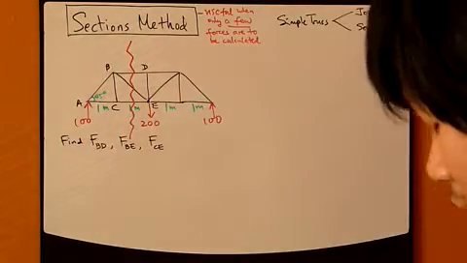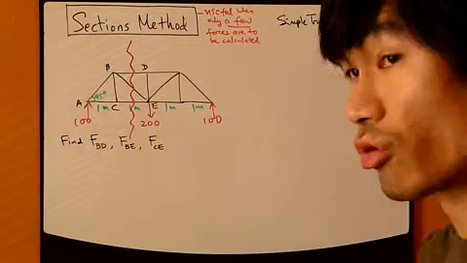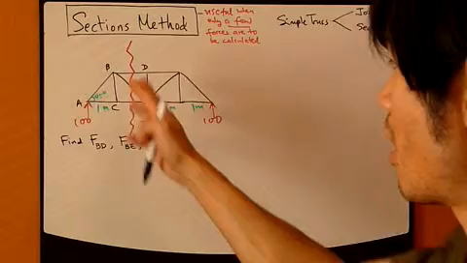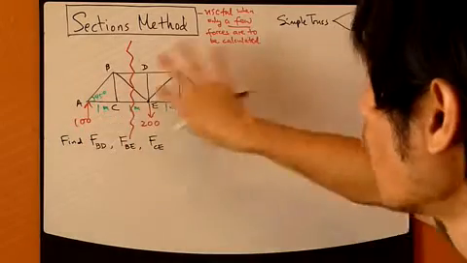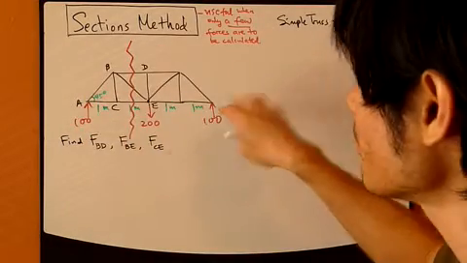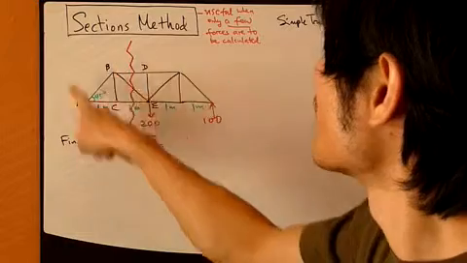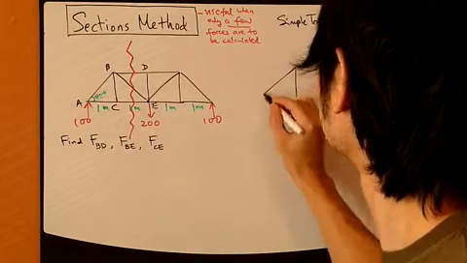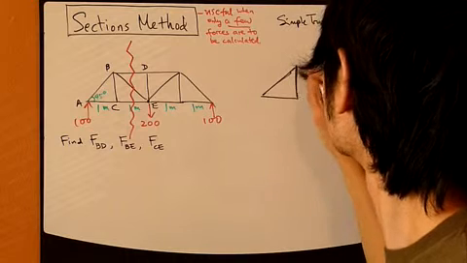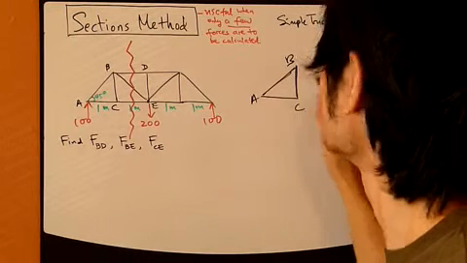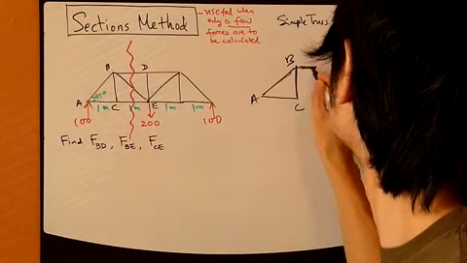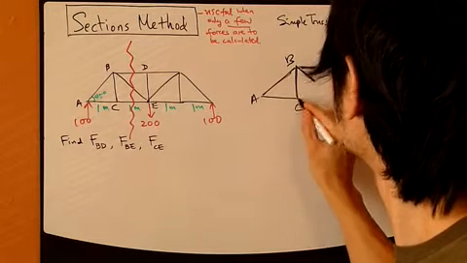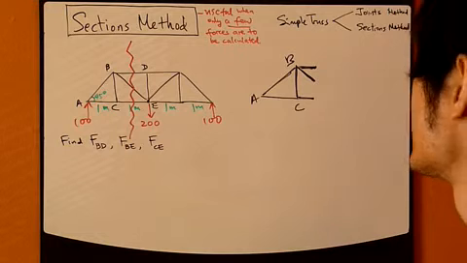Okay, so the next thing you do is draw that part of the section that you have just chosen, and throw away the other half. Okay, so just focus on this left section right here. So I'm going to draw that. Okay, so A, B, C, and then a little bit of BD, a little bit of BE, and a little bit of CE.